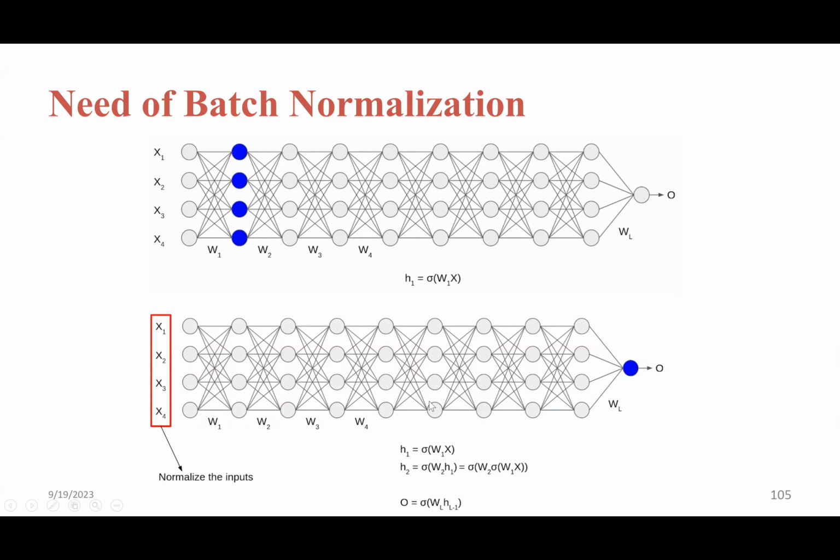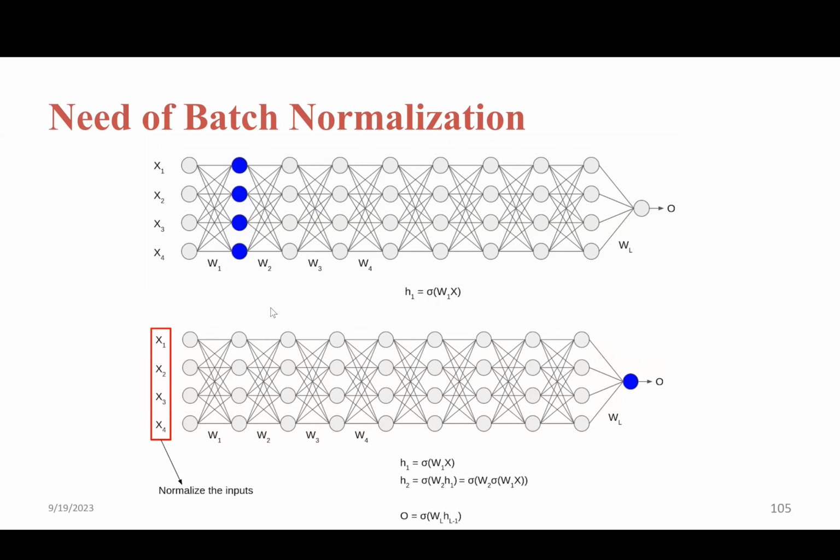This happens through all the hidden layers till the last hidden layer in your neural network. When the activation function is applied to that dot product, that value is transformed and it does not remain in normal form. That's why it is required to apply batch normalization.